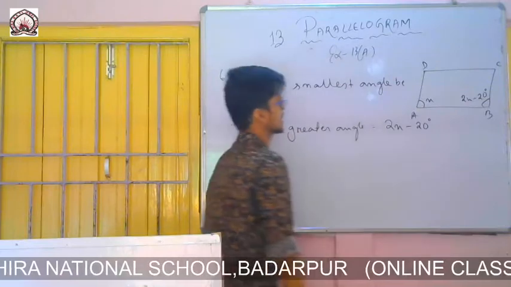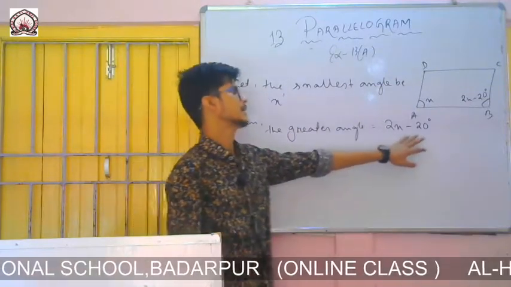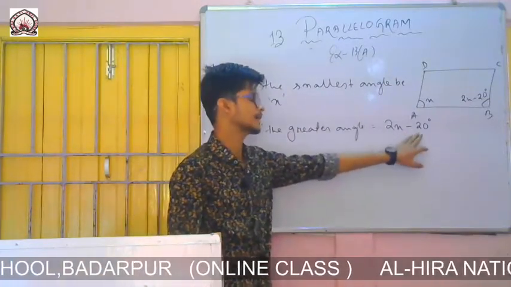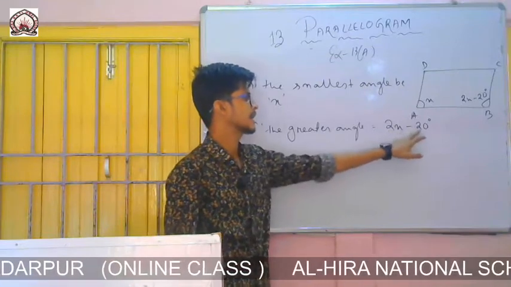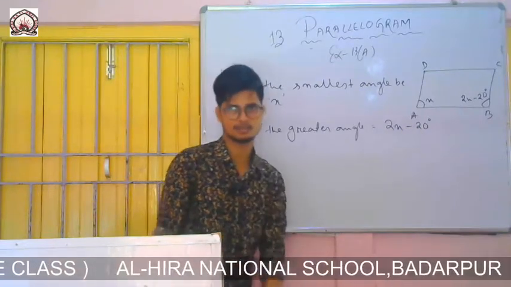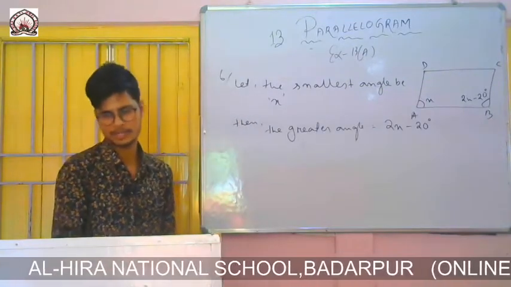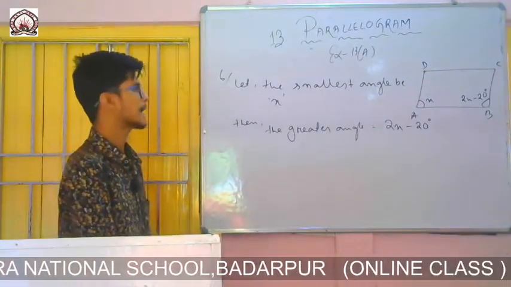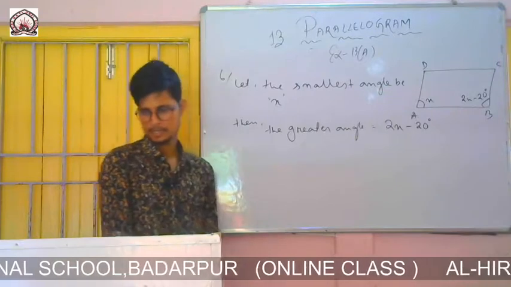It is given that it is 20 degree less than twice the smallest angle. Less means minus, so twice x minus 20. So this is the greatest angle.